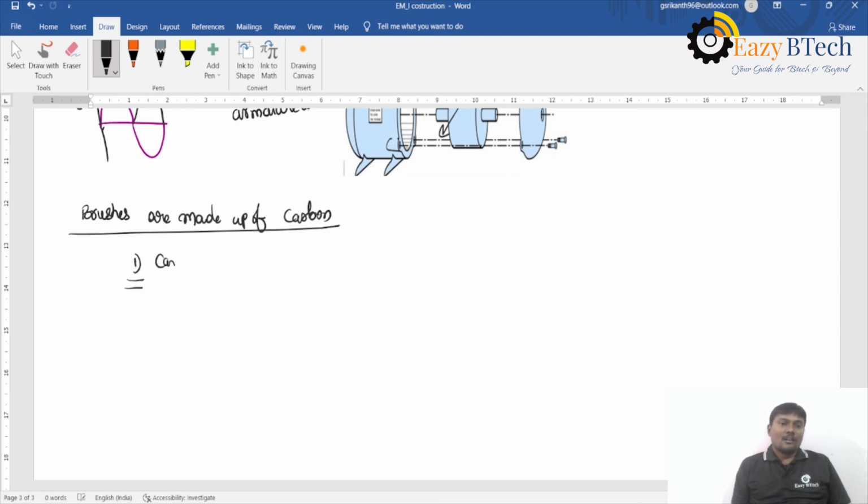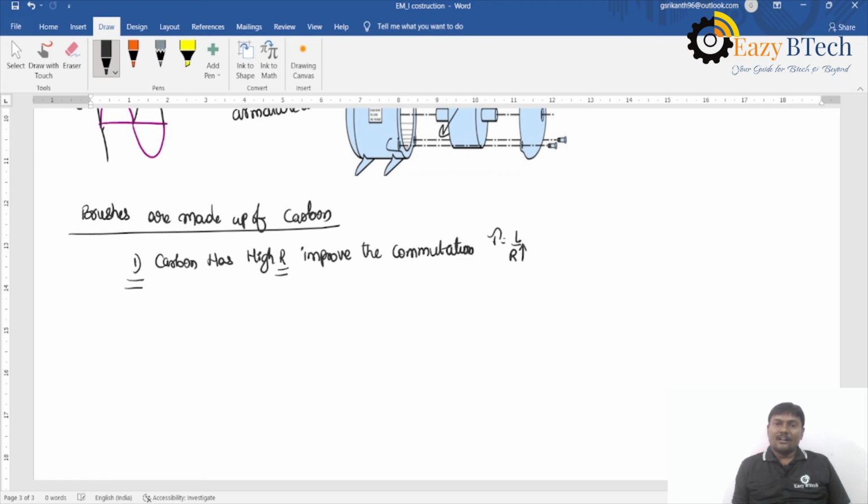What are the advantages of carbon? Carbon has high resistance, so we can improve the commutation process.